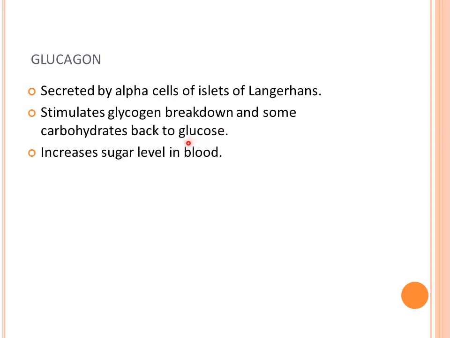Insulin was converting glucose to glycogen, and glucagon is converting glycogen to glucose, and it increases the level of sugar in blood. The role of insulin is to decrease the sugar in blood, and the role of glucagon is to increase the sugar in blood. Now let us see what happens in case of hyposecretion and hypersecretion of glucagon.